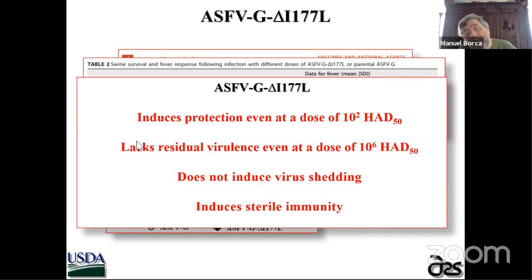And also something that is very important, at least for us, is that it induces sterile immunity. I say this because this is the first candidate that we developed in Plum Island that protects not only against the signs of the disease, the clinical form of the disease, but also, when given in the right dose, protects against the replication of the challenge virus.